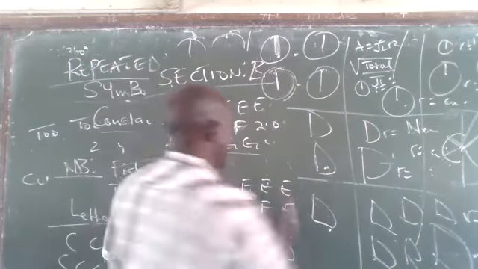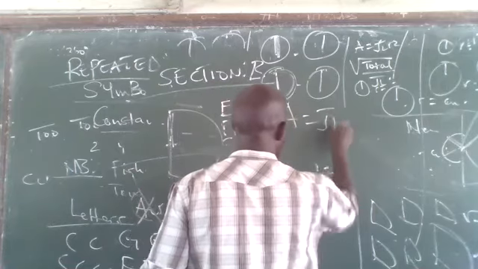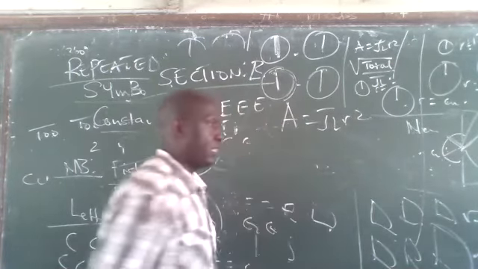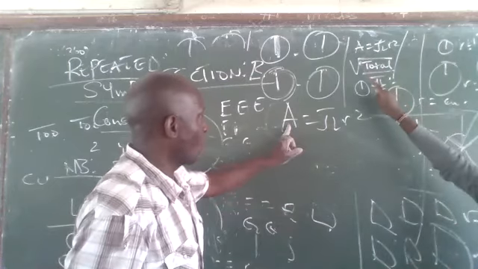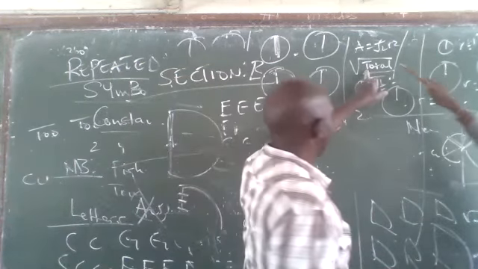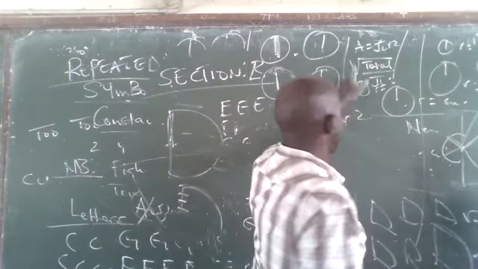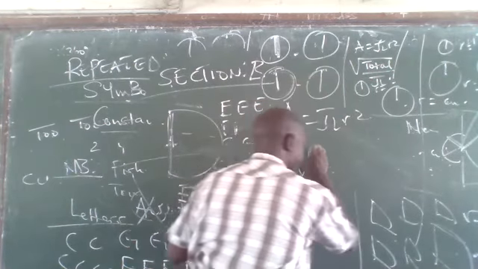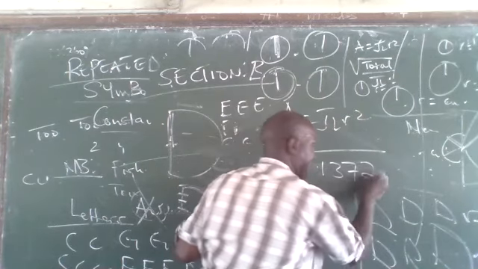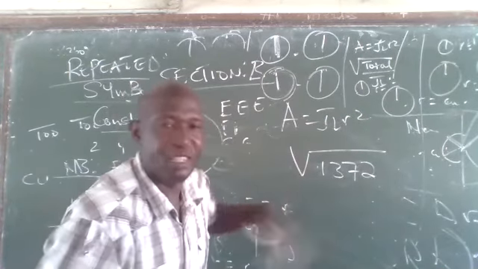As you are finding the radius, we are saying area equals pi r squared. Area equals the total, while the pi is the constant. Asking if this covers all this, or it only covers the total? The square root only covers the total. So always don't do things together.